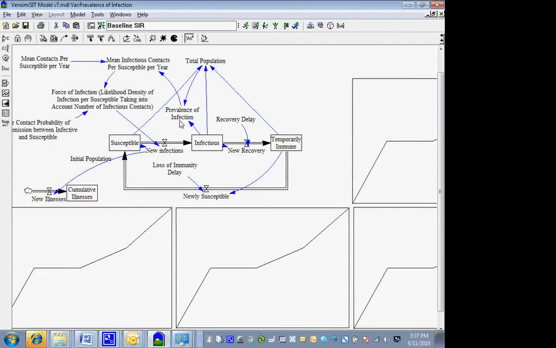If there's no one susceptible, no one's going to be getting infected because there ain't no one to infect. Right? So the stocks at a given moment in time determine the value of the flows. And the stock's evolution, its change over time, is determined by these flows in and out. Does that make sense to people? Okay.